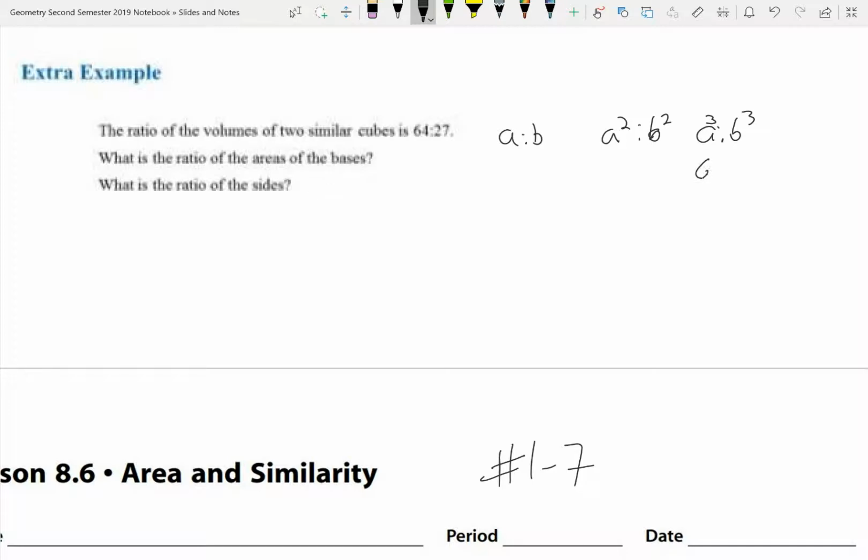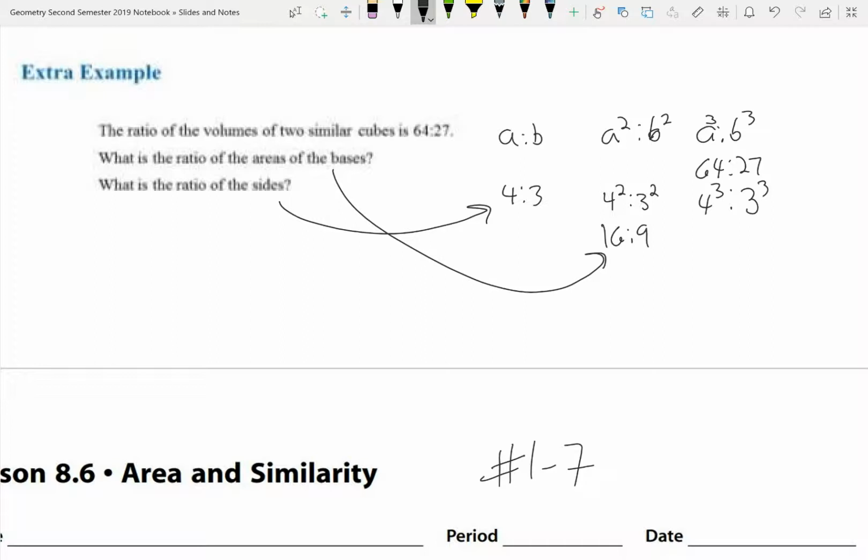So we know that the volume is 64 to 27. And that's going to be 4 cubed to 3 cubed. So area would be 4 squared to 3 squared, and lengths would be 4 to 3. And this can be simplified as 16 to 9. So this is area, and this is sides. Those are your two answers there.